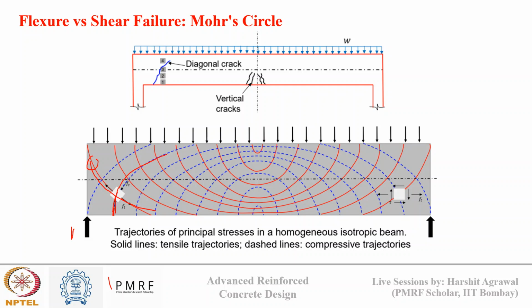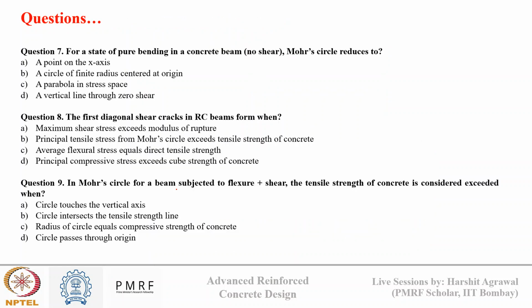As we go a little away from the support, we'll see that the crack will become inclined. So at this inclination my principal stresses will lie, and the crack will move along this side, and as we go to the top, it will try to become horizontal. Okay, so this is the contour map, we can say, that we can form from Mohr circle if we take elements at different positions.